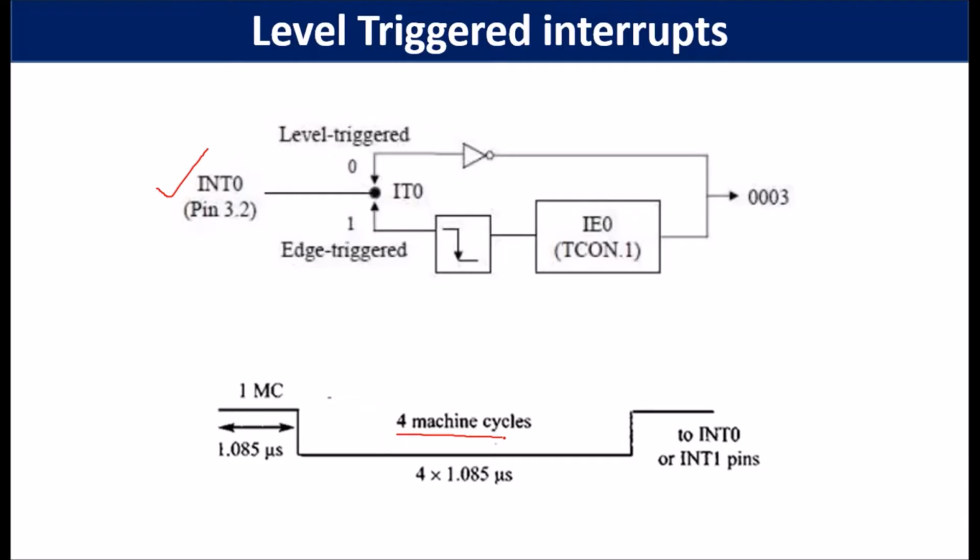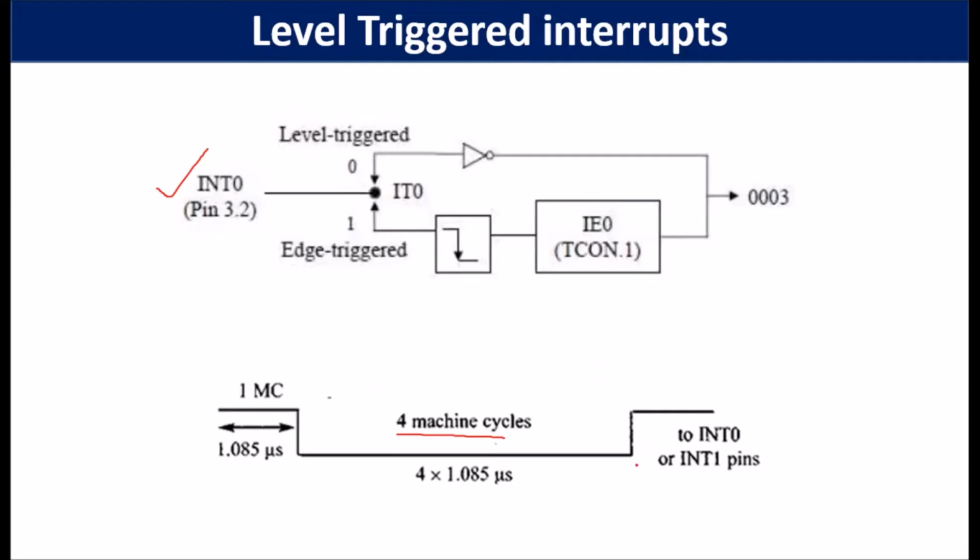If the crystal frequency we are using is 11.0592 megahertz, then the clock for one machine cycle is 1.085 microseconds. So for 4 times 1.085 microseconds, the signal should be low at this particular pin.